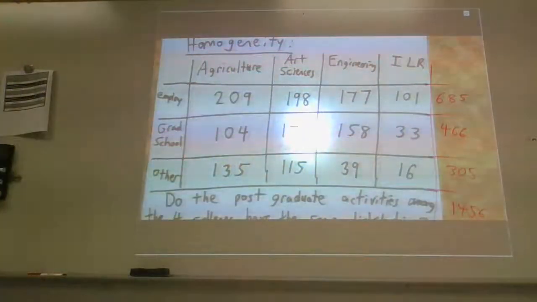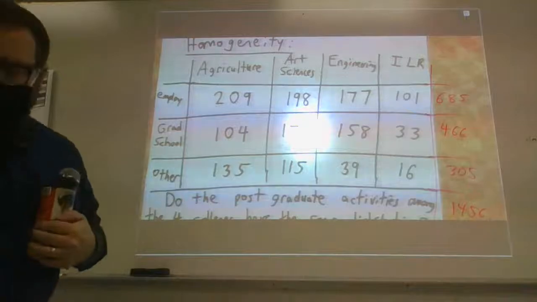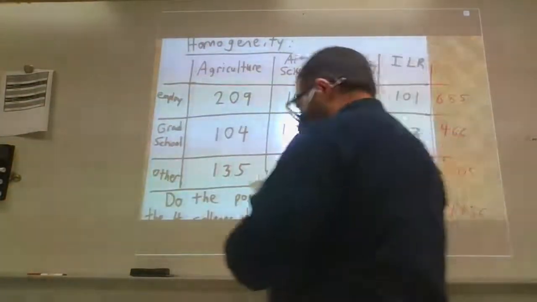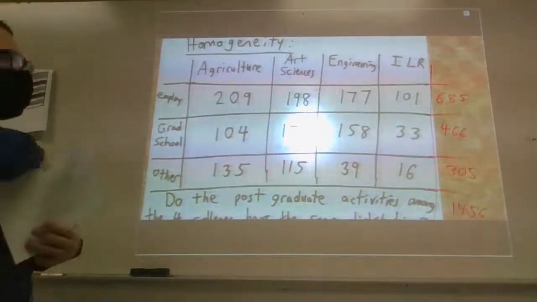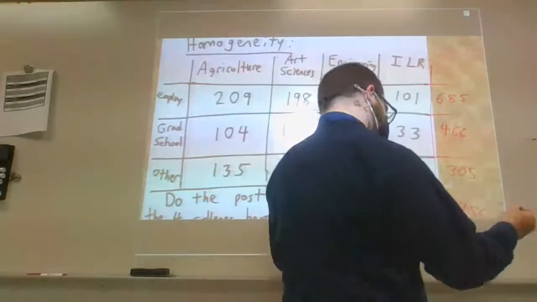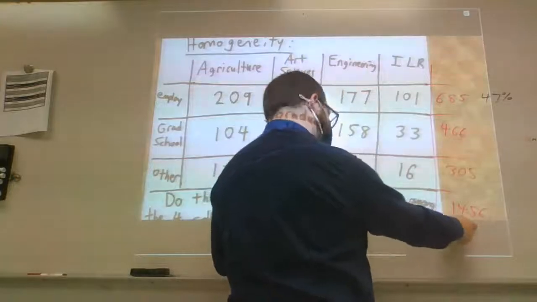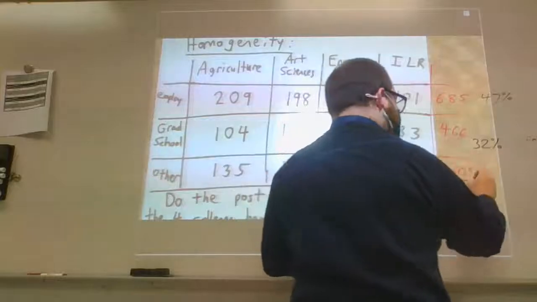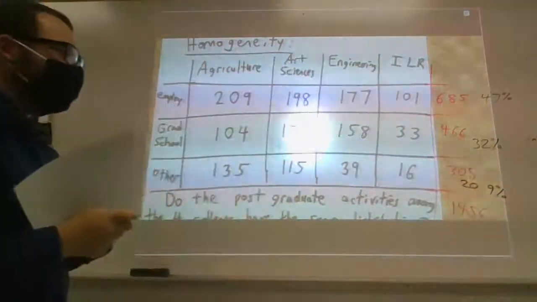They figured out the rest of this two-way table, and they determined that 685 is approximately 47% of that big number, and 466 is 32% of that big number, and 305 is approximately 20.9% of that big number.